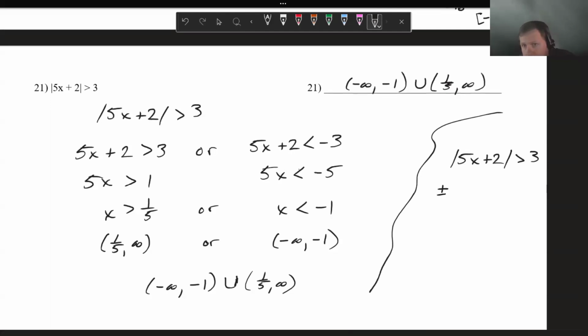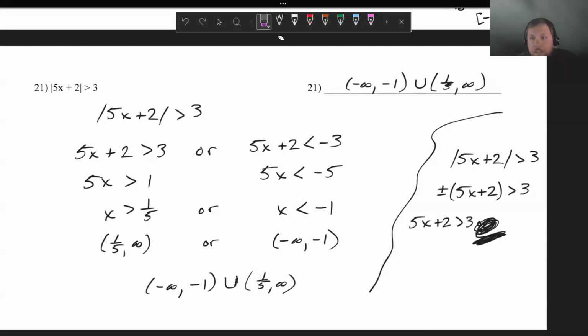But if we're here, you can replace the absolute value with this. And then you have 5x plus 2 is greater than 3, or negative 5, I'm sorry. Here, let's find an eraser.